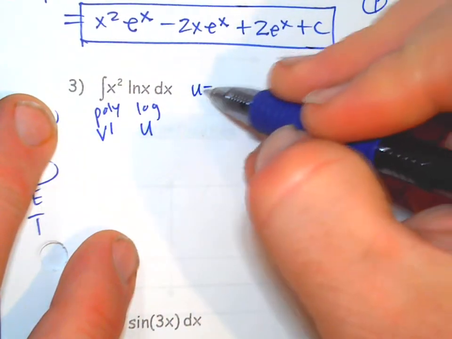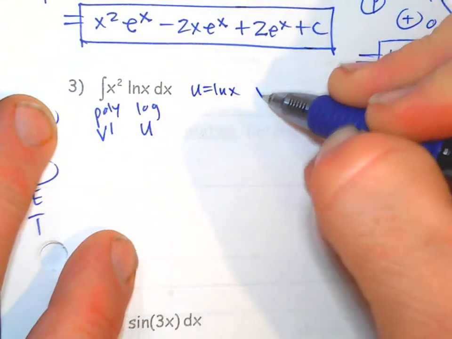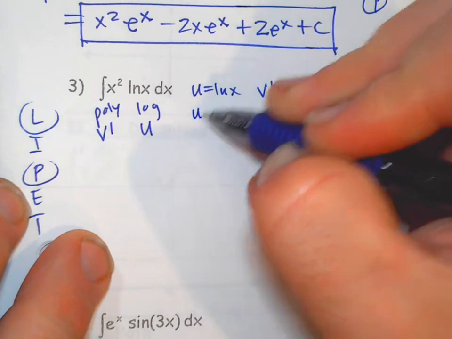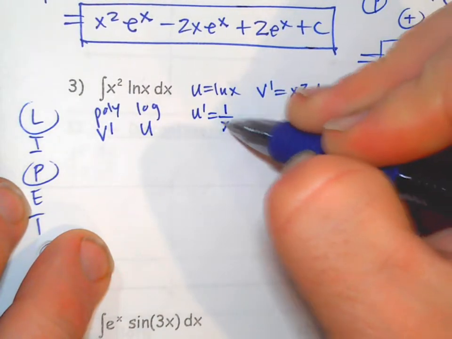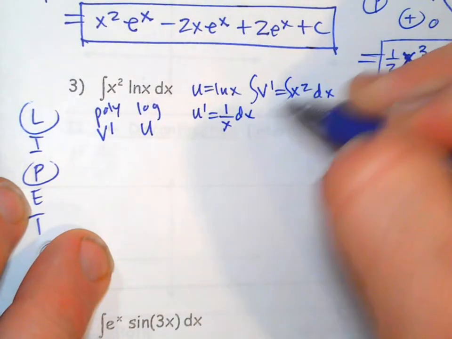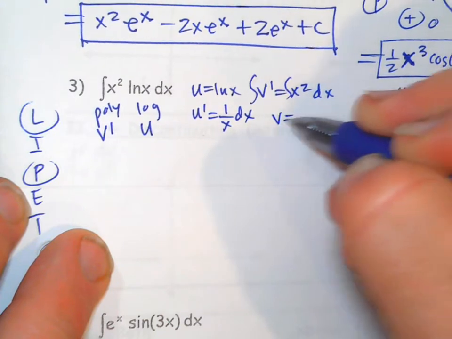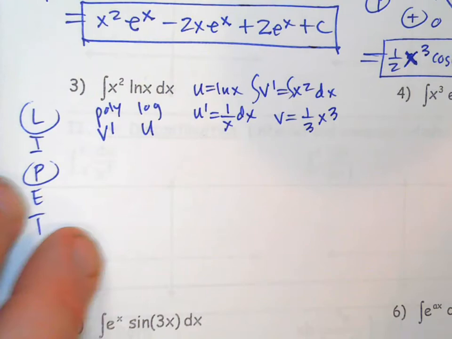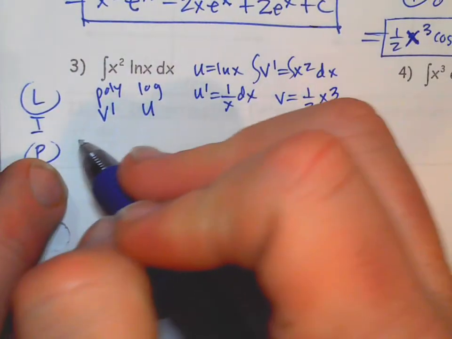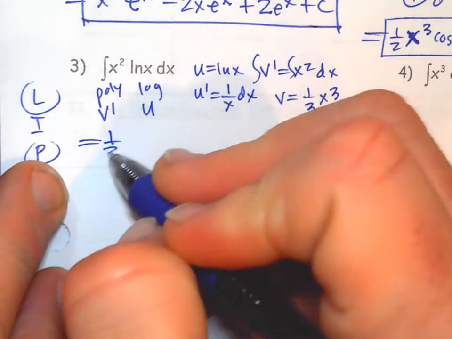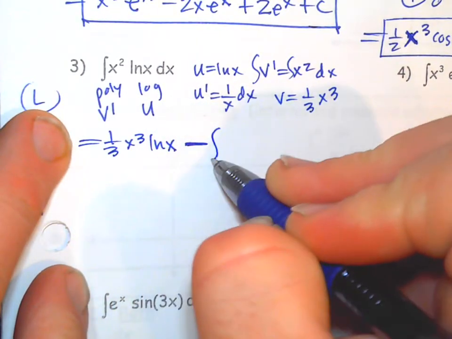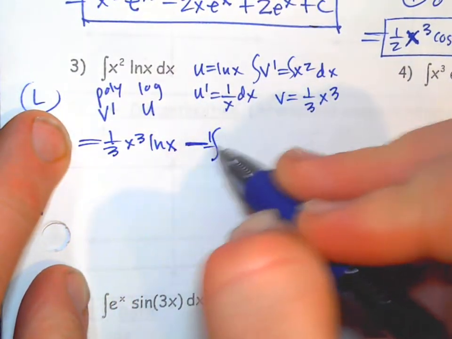So u equals natural log of x, and then v prime equals x squared dx. Take the derivative, get 1/x dx, integrate, v equals 1/3 x cubed. So we write it uv: 1/3 x cubed natural log of x minus the integral of the two new things. I'm going to put the 1/3 out in front.